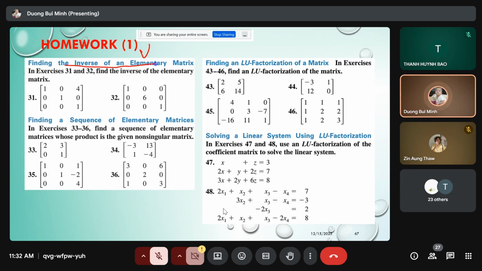Find the inverse of an elementary matrix. That means if we know E, we find the inverse of E. Find a sequence of elementary matrices whose product is a given non-singular matrix.